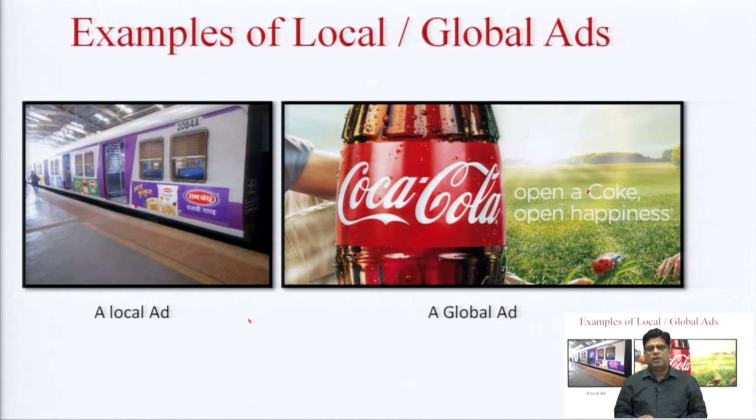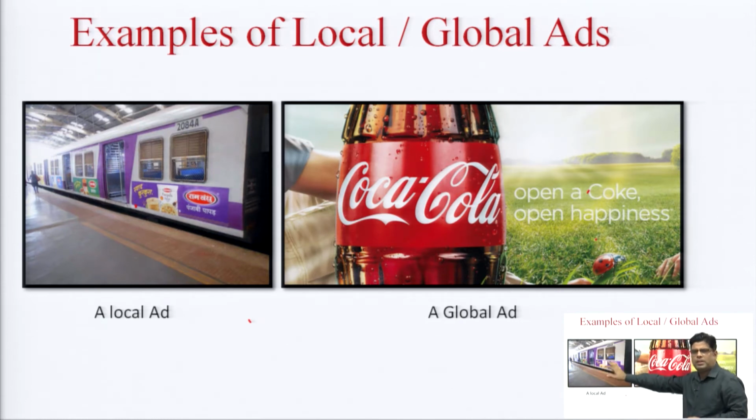If we use Facebook for promotion, then Facebook also gives us an option of promoting the product or the service locally. Whenever we select that option, we are able to advertise that product or service in a region spanning 25 to 30 kilometers.